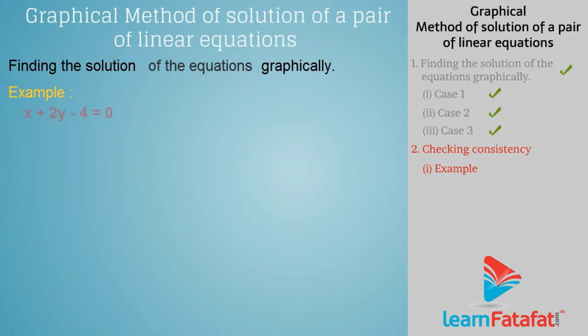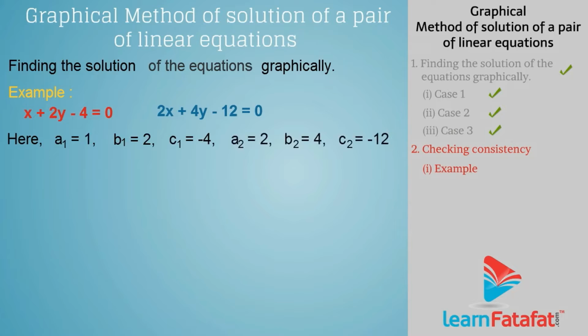For example, x plus 2y minus 4 is equal to 0 and 2x plus 4y minus 12 is equal to 0. Here, a1 is equal to 1, b1 is equal to 2, c1 is equal to minus 4, and a2 is equal to 2, b2 is equal to 4, c2 is equal to minus 12.